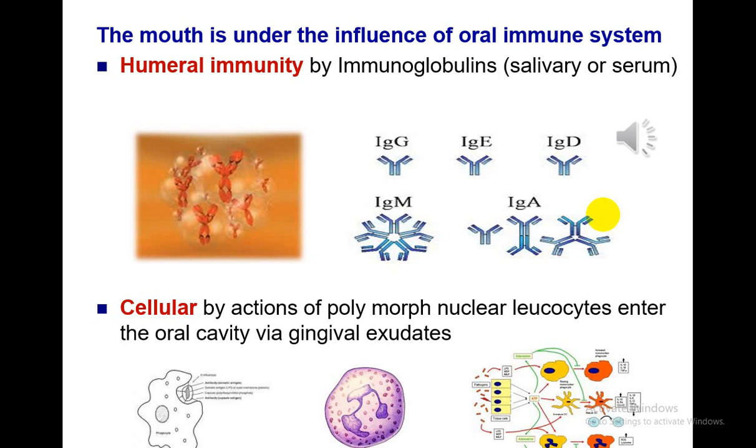However, the indigenous flora can survive this immune system. This gives an idea for using a vaccine against cariogenic bacteria without affecting the indigenous microflora.